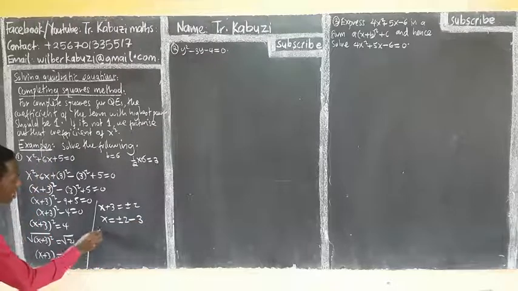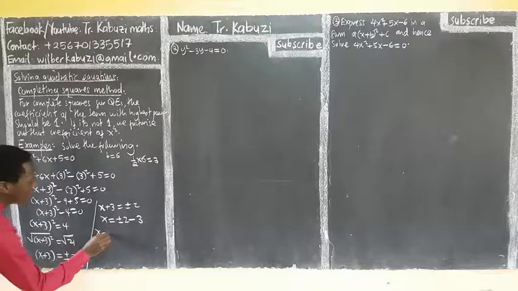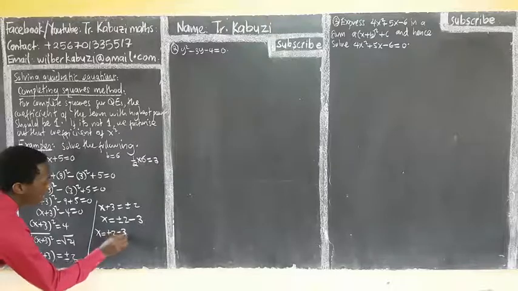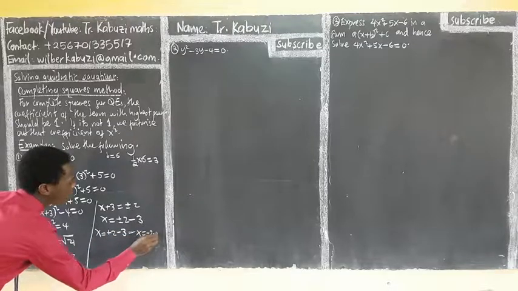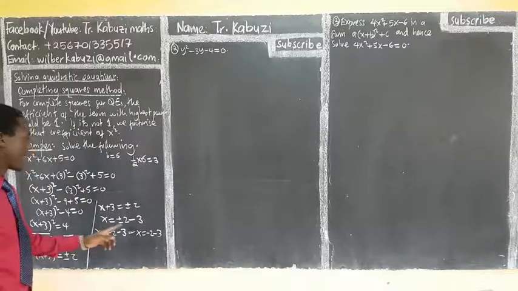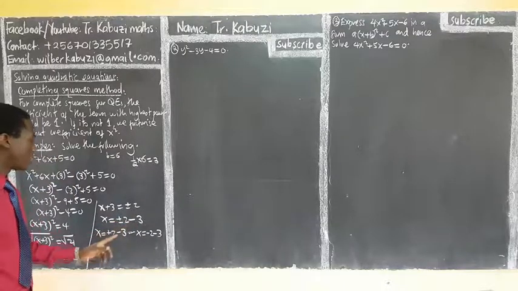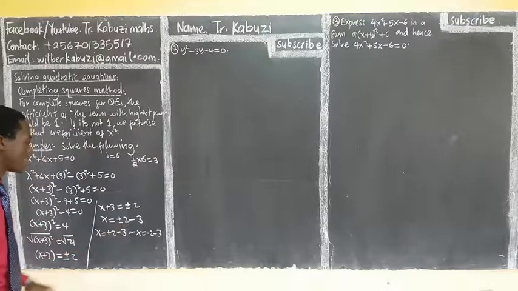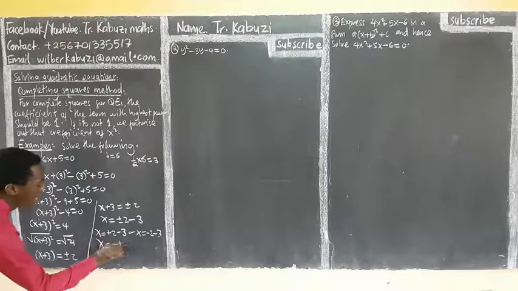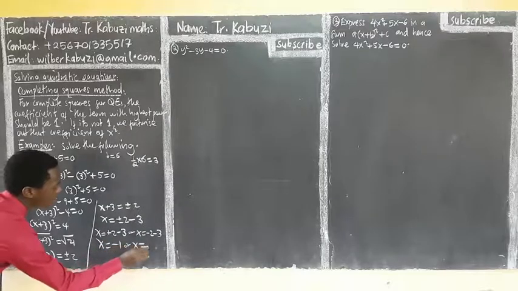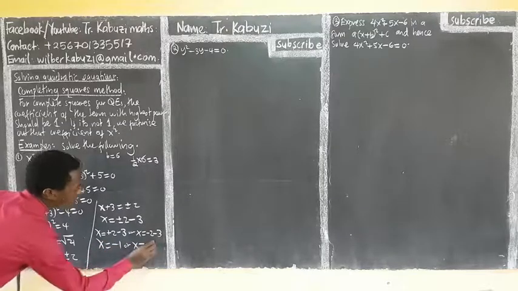So your x is either the positive 2 minus 3, or your x is negative 2 minus 3. The first gives x equal to negative 1, and the second gives x equal to negative 5.